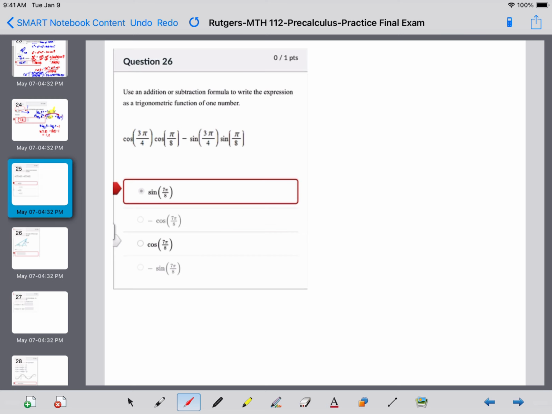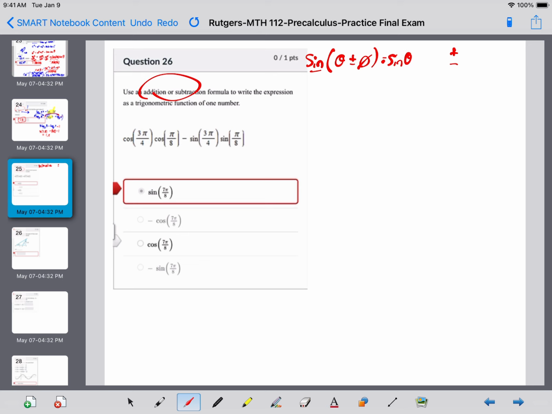26. Use your sum and difference formulas. Remember your sum and difference formulas, right? You have sine of theta plus or minus phi equals, with sine, it's the same sign. So if it's plus or minus, it's going to be plus or minus. And then same sign, but alternating sine and cosine.